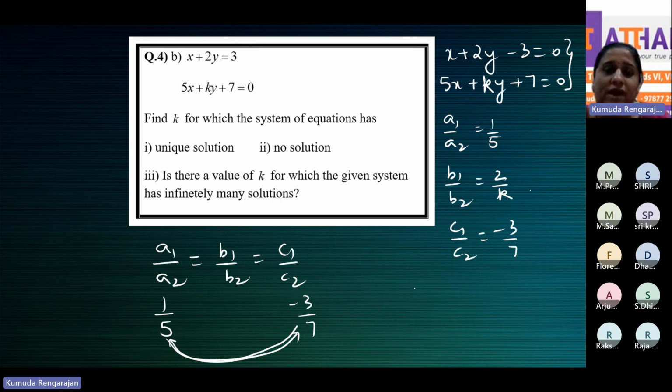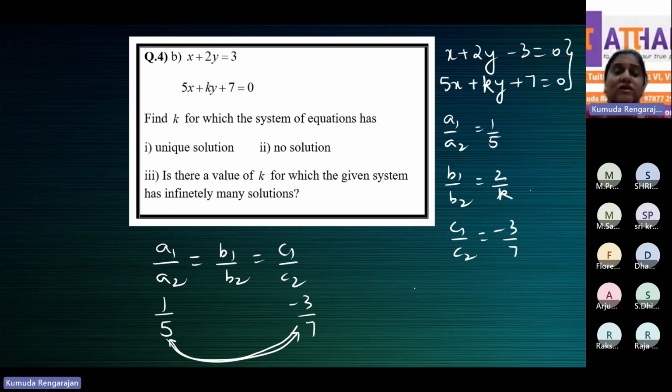Now, whatever be the value of K, will the situation change? A1 by A2 and C1 by C2, will the situation change? No. So the answer is there is no value for K for which the given system of equations can have infinitely many solutions, because for infinitely many solutions, all the three ratios must be the same: A1 by A2 should be equal to B1 by B2, should be equal to C1 by C2.